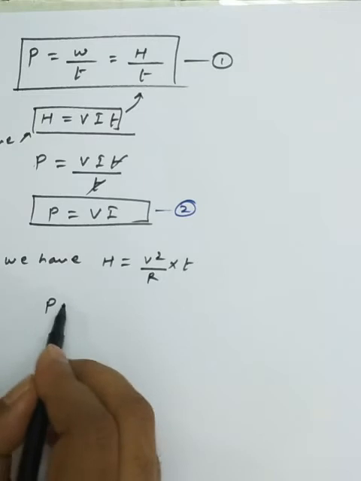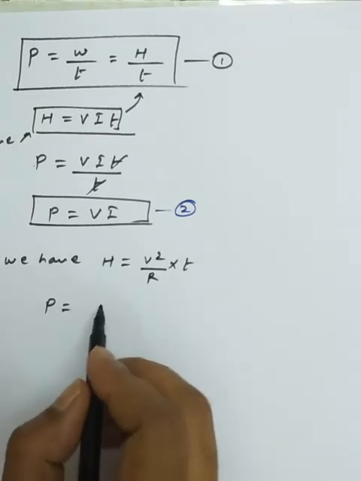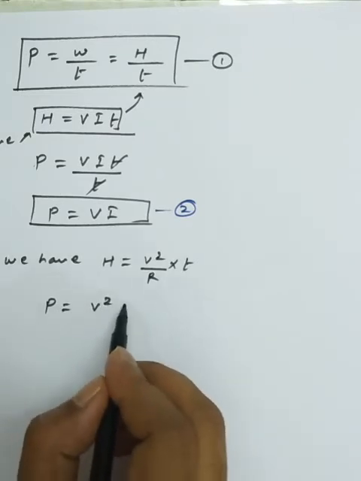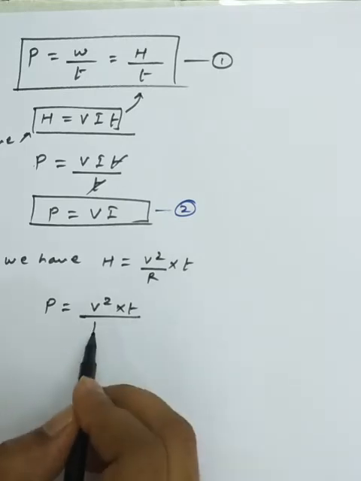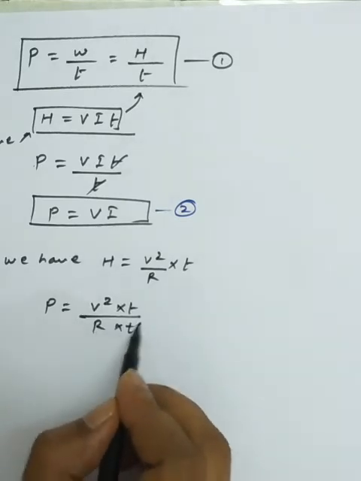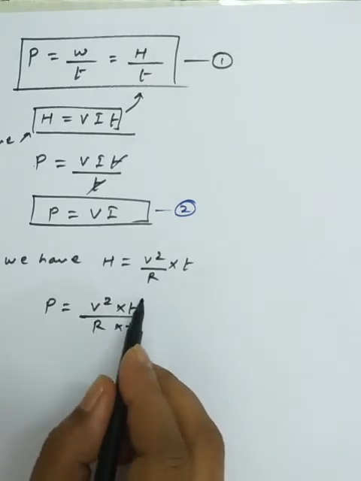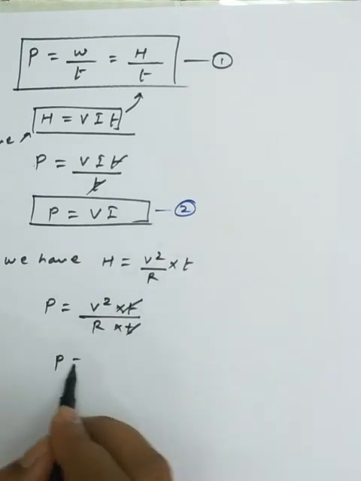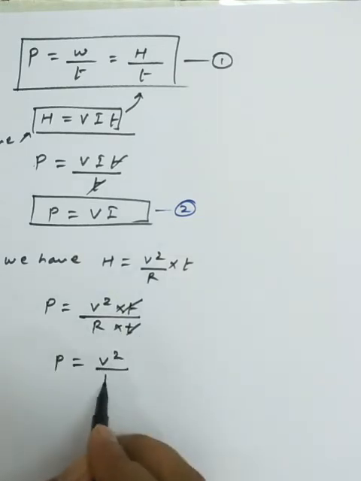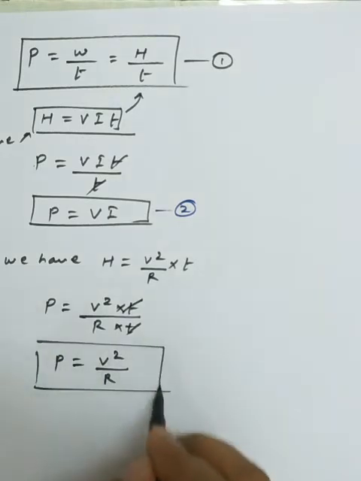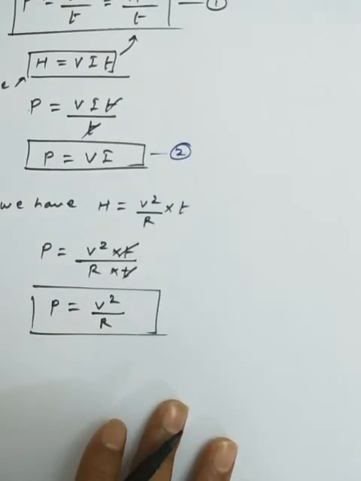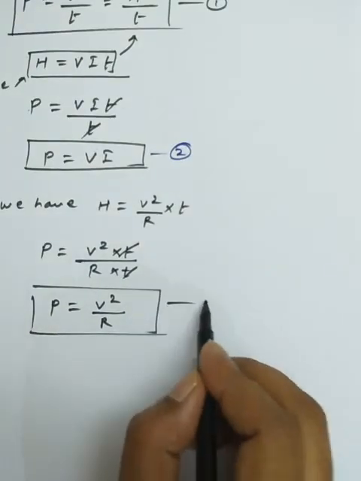So what we are getting is P is equal to H is equal to V square into T upon R into T. The T cancels. So we get the formula of the power in terms of V square upon R. This is another formula we have, equation number 3.